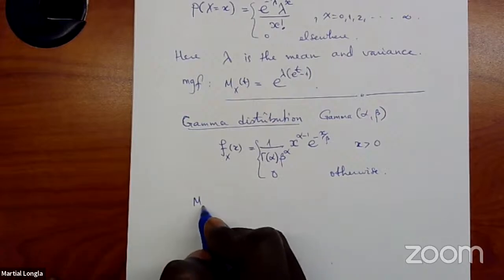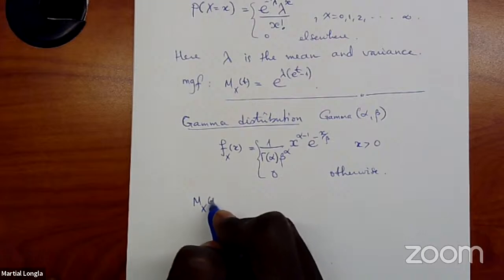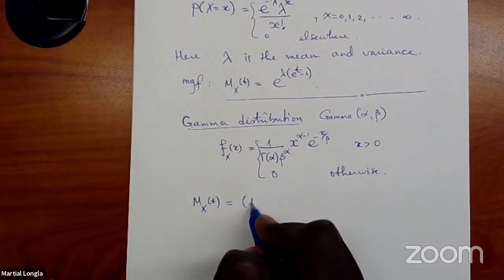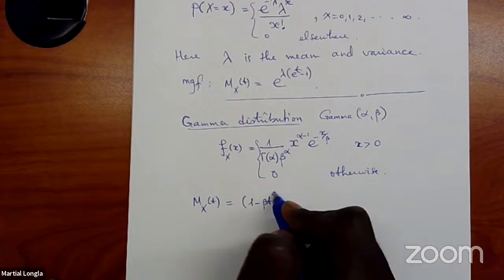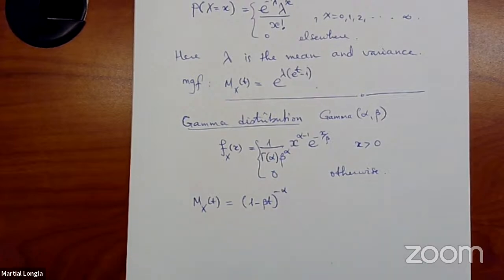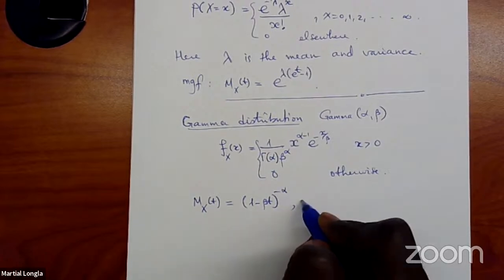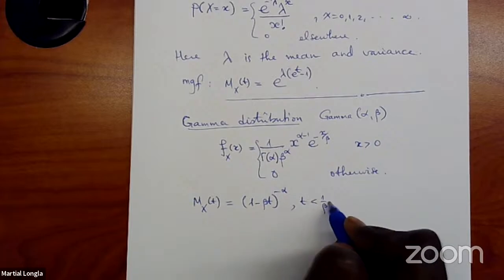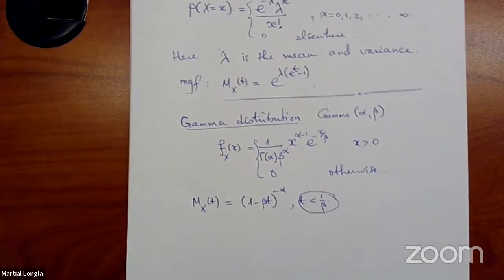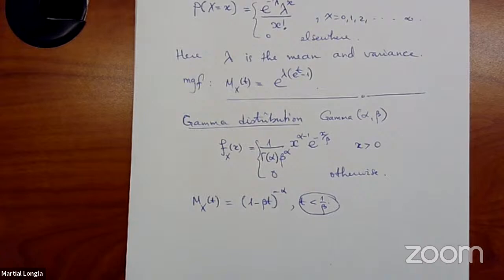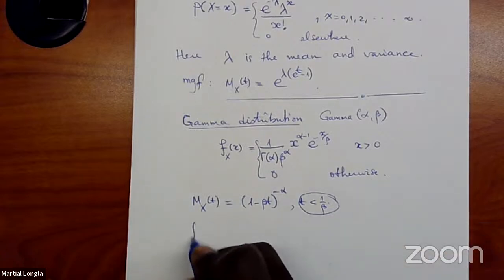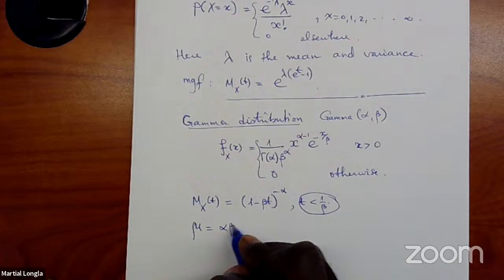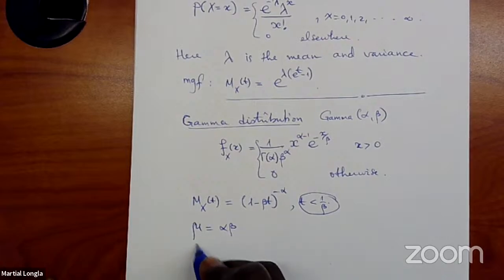The moment generating function, if you compute it, you get 1 minus beta t to the power negative alpha, for t less than 1 over beta. Alpha and beta are positive numbers, okay? The mean is mu equals alpha beta, and the variance sigma squared is alpha beta squared.